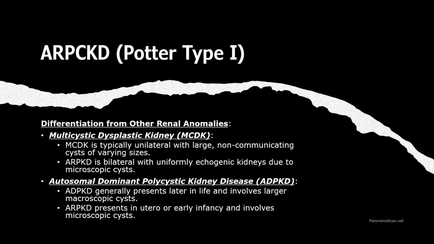On the other hand, ARPKD presents in utero or early infancy, and the cysts are microscopic, which makes the kidneys appear uniformly echogenic and enlarged, but without visible large cysts. These differences are crucial in helping us make the correct diagnosis and differentiate ARPKD from other renal conditions that may have similar ultrasound findings.